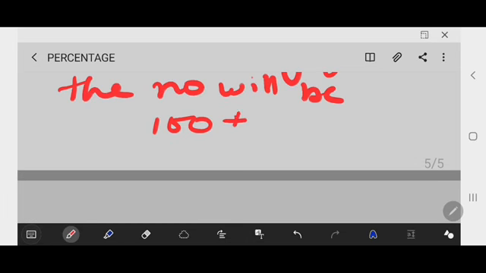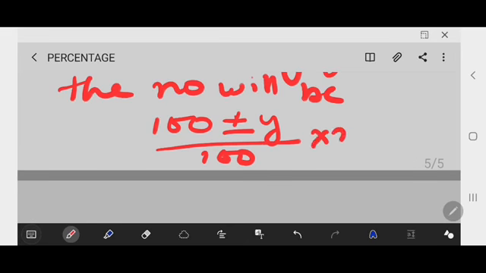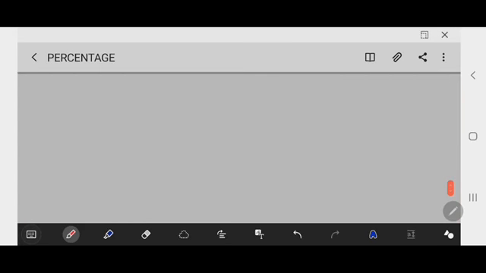Increase is plus and decrease is minus, so it depends on the question.